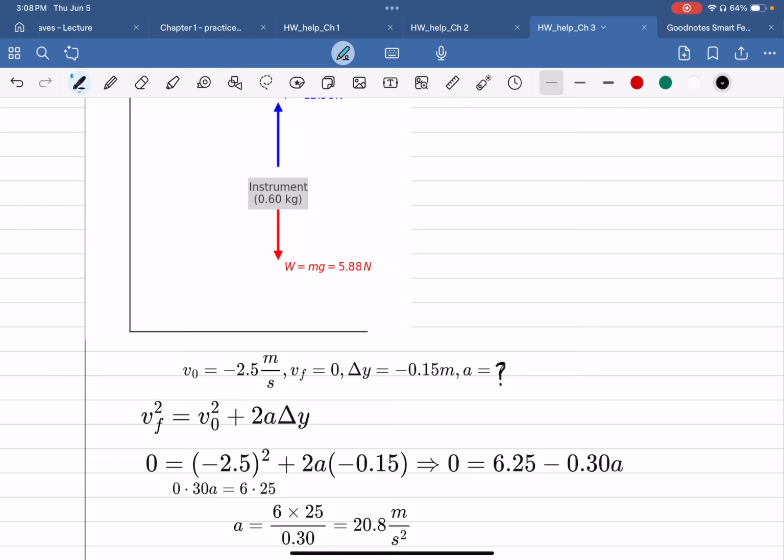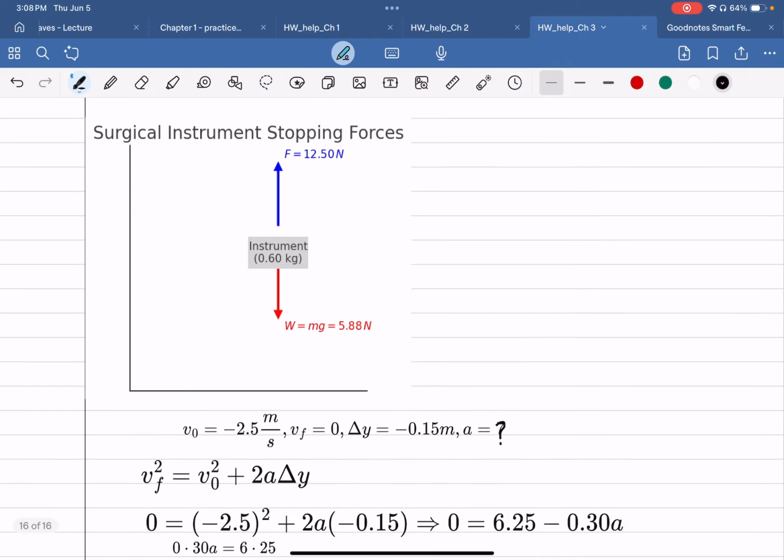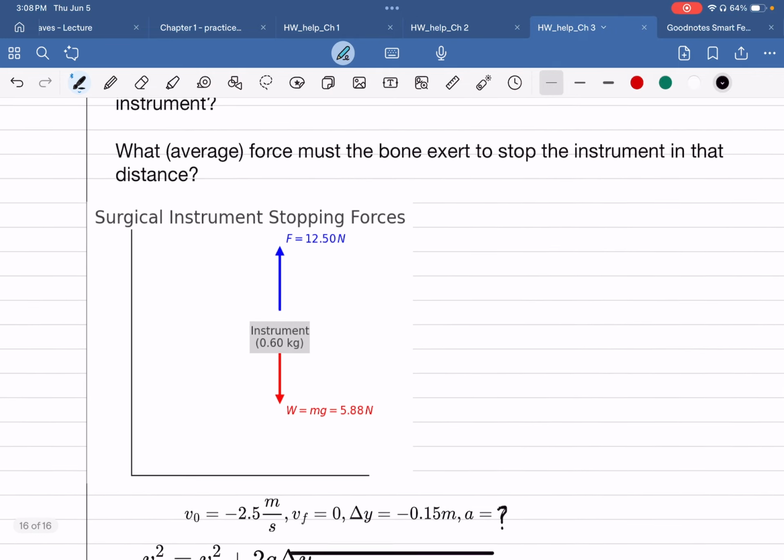This messed up again. This is 6.25. I'll never do this again. I'll just write it. Okay. So 6.25 divided by 0.30 gives you 20.8 meter per second squared. That is the acceleration. Last, what force must be applied?